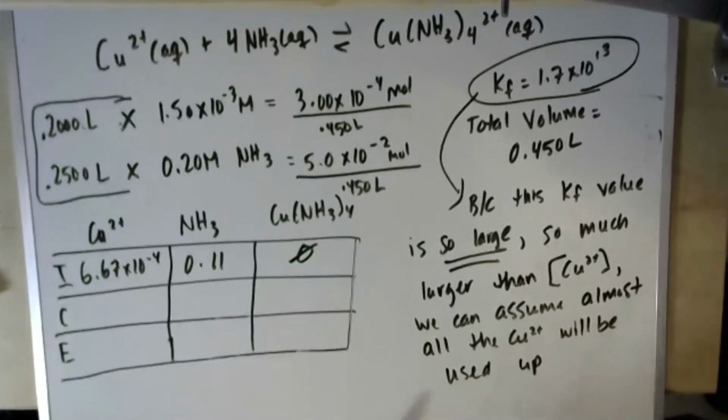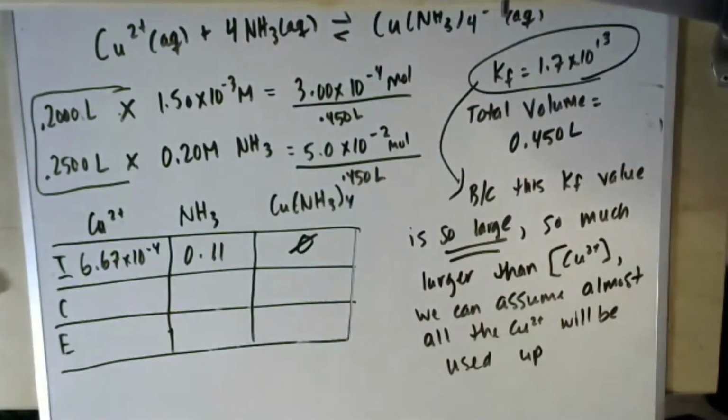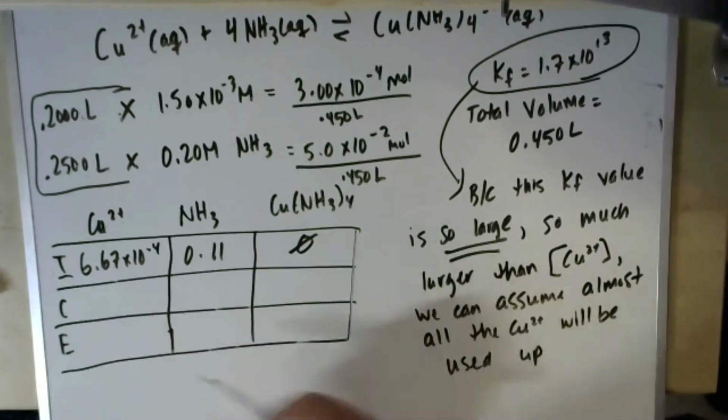Now, that's not entirely true. There is going to be a tiny, tiny, tiny bit left, but to make the bulk of our calculations, we can assume that most of that copper will be used up. Okay, and because we can assume that most of the copper is going to be used up, we're able to use the concentration of copper as the change that occurs in our reaction.